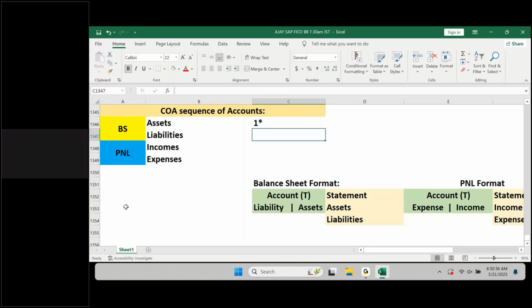For liabilities, 2 star, meaning starting from 2. For income, 3 star. For expenses, 4 star.